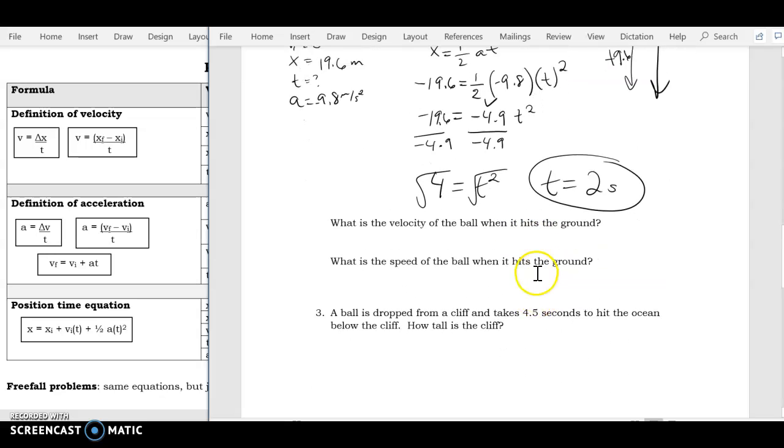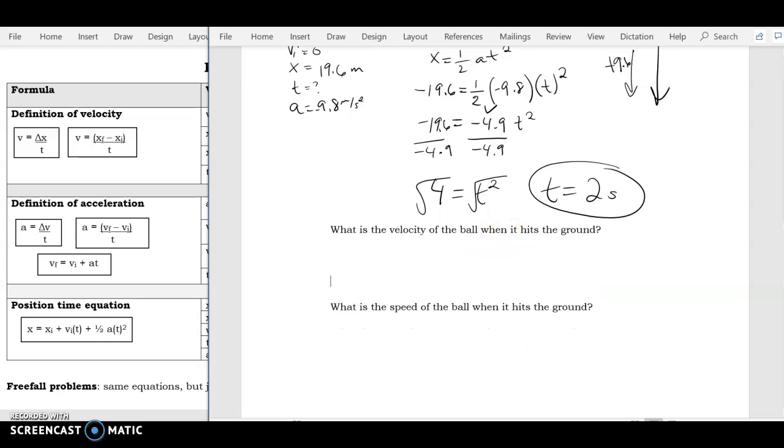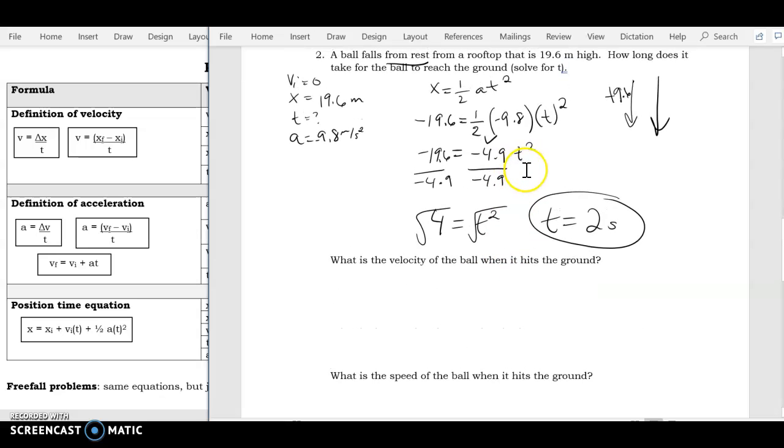Okay, then it says, what is the velocity of the ball as it hits the ground? All right, so again, same information, but now we are looking for VF. And the VI is 0, so that goes away. 0 plus anything, doesn't matter. So we're taking that out for now.